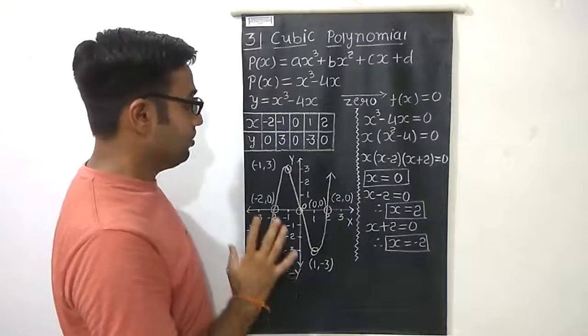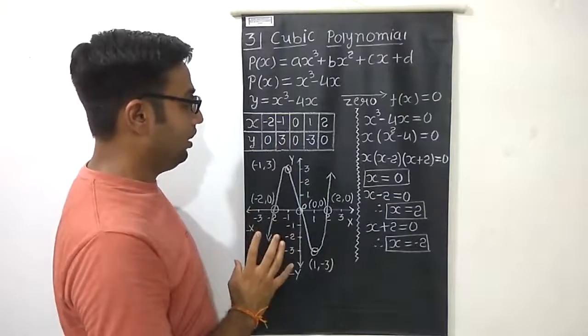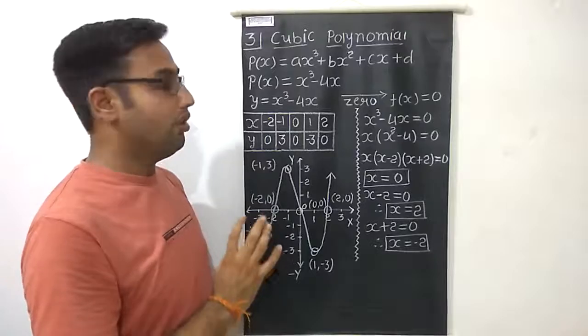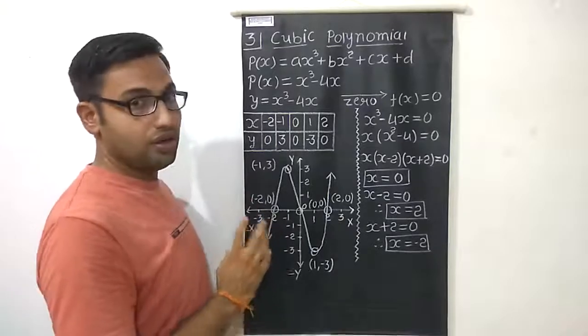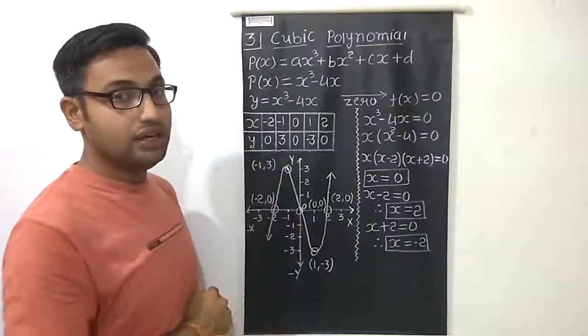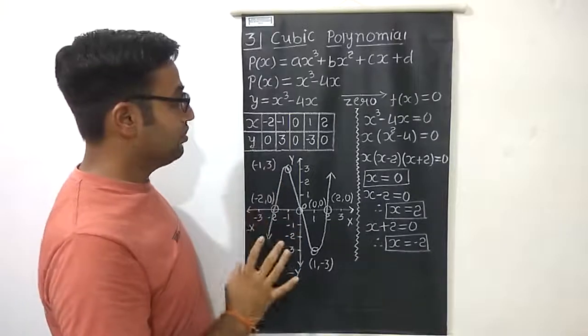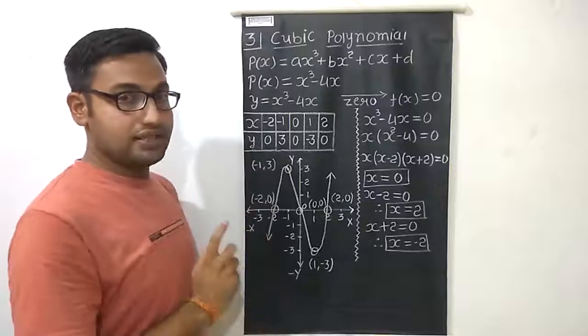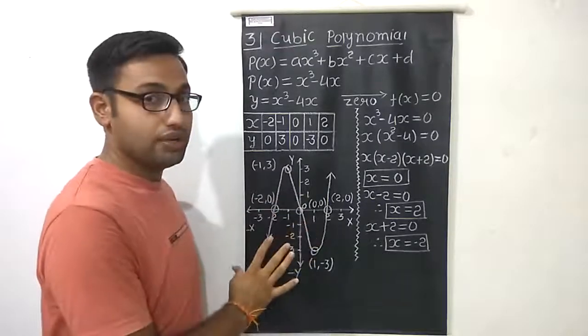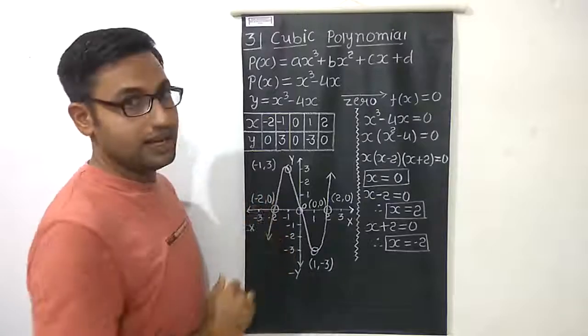So this is all about the graphical representation, or geometrical meaning, of the zeros of a polynomial. Now you can decide just by seeing the graph of any polynomial how many zeros it has.